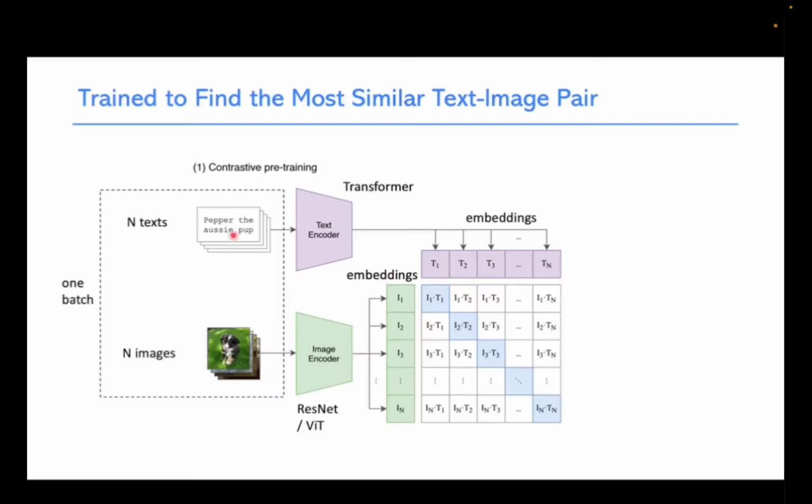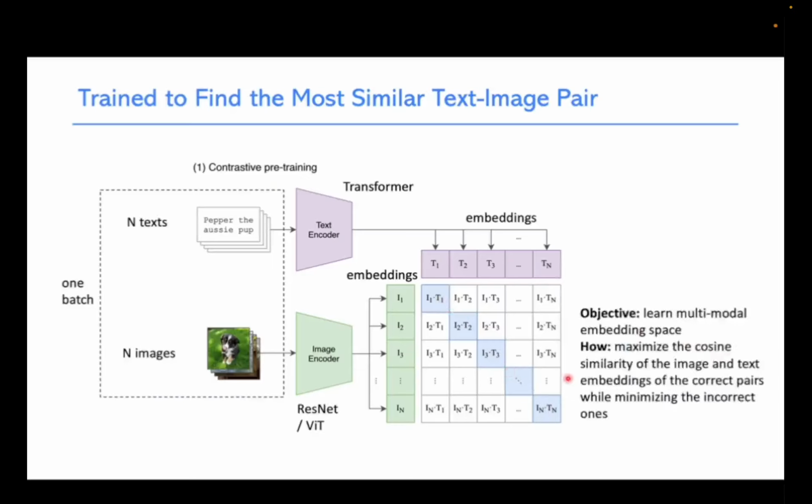Same for the images. We have n embeddings for images, and each cell here also represents one image. After we have n embeddings for text and n embeddings for images, we can create n squared pairs between them. And only n pairs are the correct pairs, which are represented by the diagonal blue cells here.